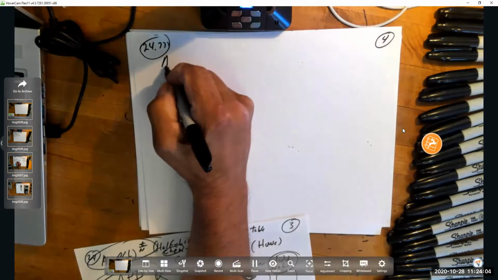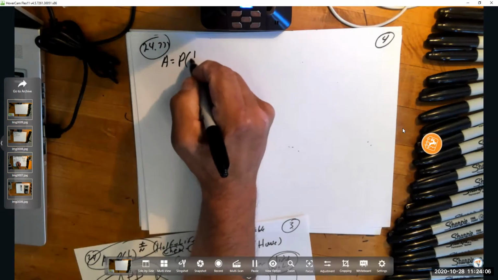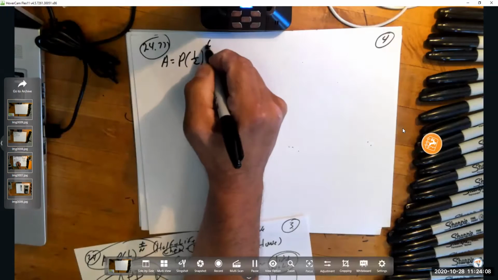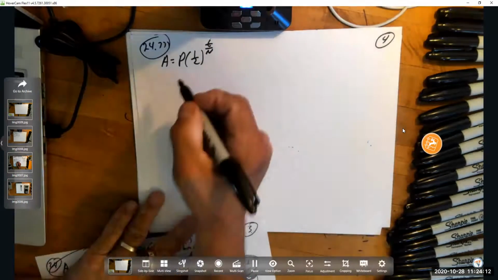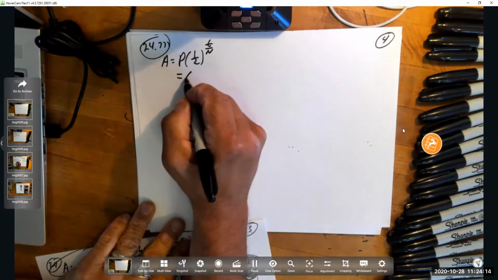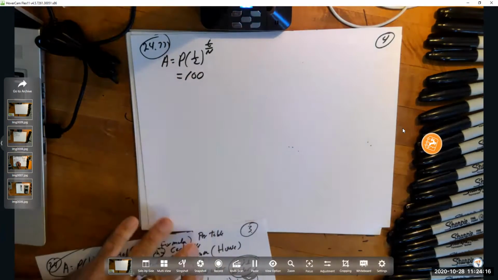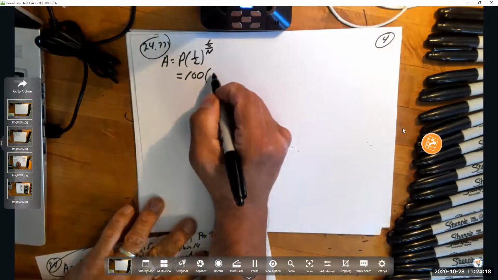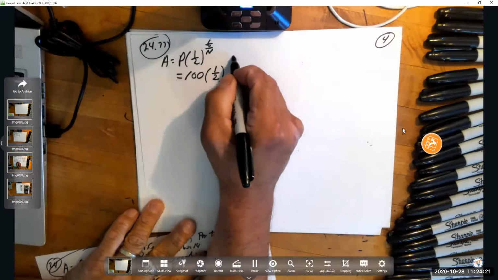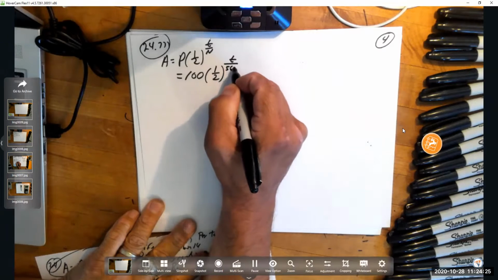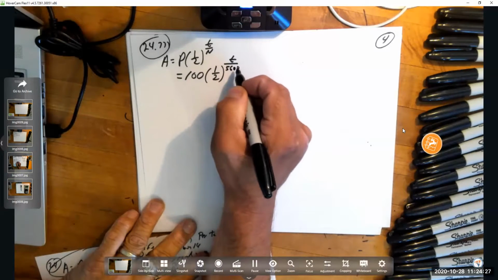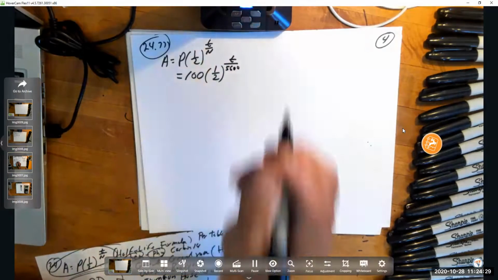A equals P, and I'll tell you what all these numbers are going to be in a second. Always, when it was alive, 100% was in it. And 1/2, and then T, I'll find out what that is. N is always 5,600. And this is just from a chemistry periodic table.